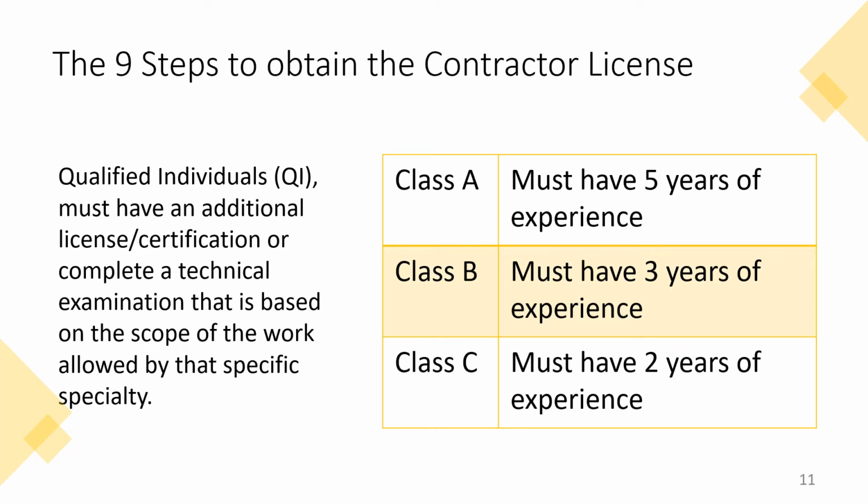Qualified individuals must have an additional license certification or complete a technical examination that is based on the scope of the work allowed by that specific specialty. Class A must have at least 5 years of experience. Class B must have at least 3 years of experience, and Class C must have at least 2 years of experience.